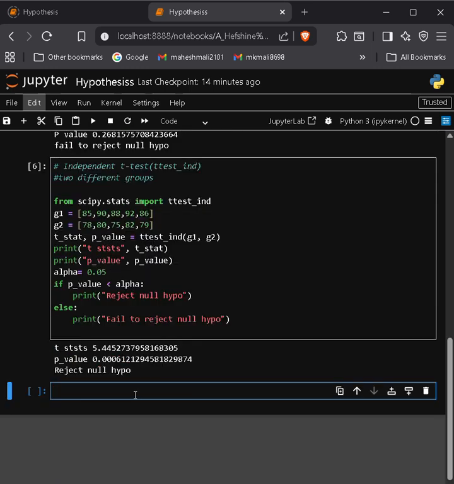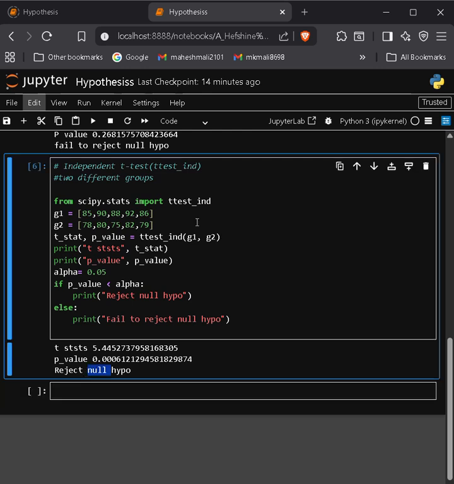Simply check whether it is a reject of the null hypothesis. This is the independent t-test.